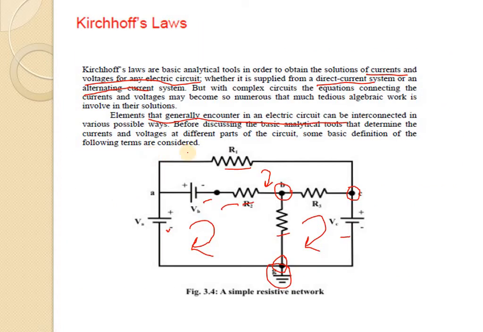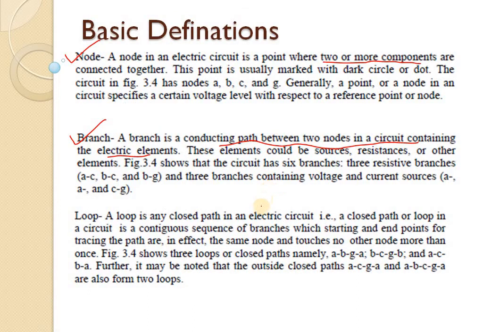That means these nodes are connected with some electrical components like a resistor or a voltage source, and between these nodes where the electrical components are present, that is called the branch. These elements could be sources, resistances, or other elements. All the elements present in that path will be included in the branch.